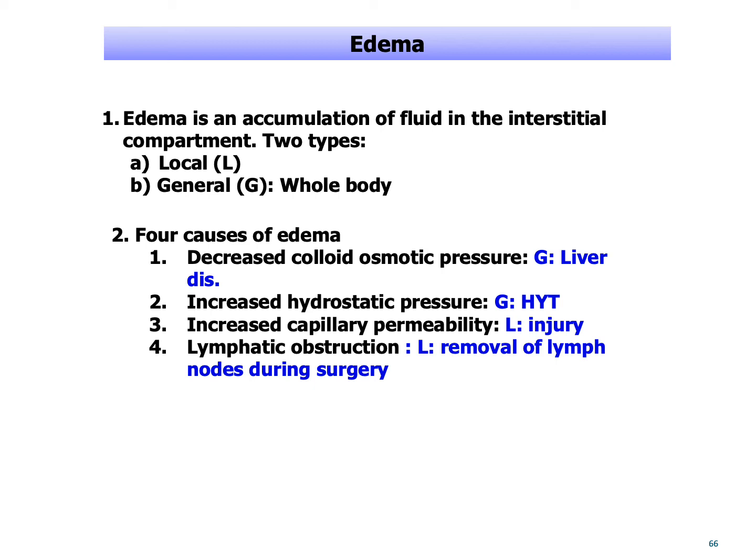Again, it will be of general type, and this is mostly due to hypertension. Third is the increased capillary permeability, and this will usually be local edema and mostly due to different types of injury which can happen locally. And fourth will be the lymphatic obstruction. Again, it will be local in nature because of the removal of lymph nodes during surgery, as an example.